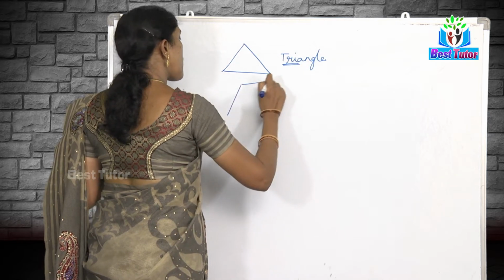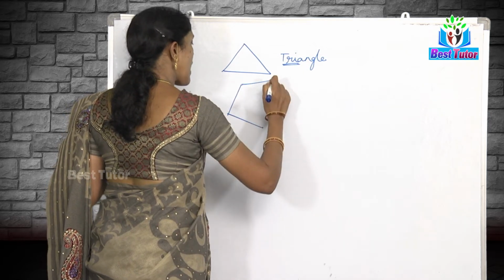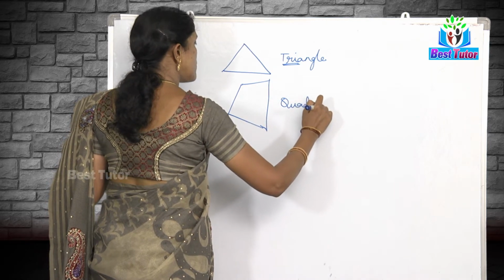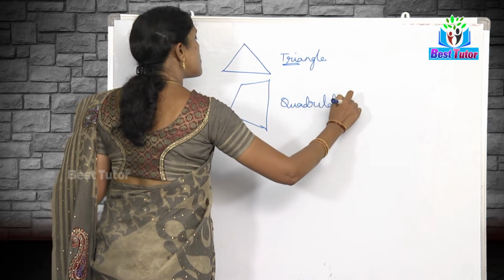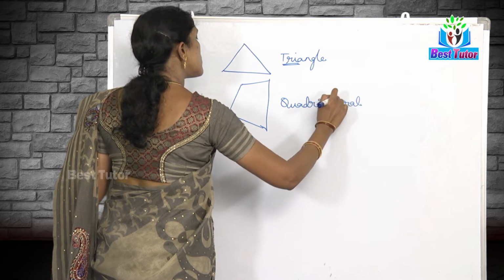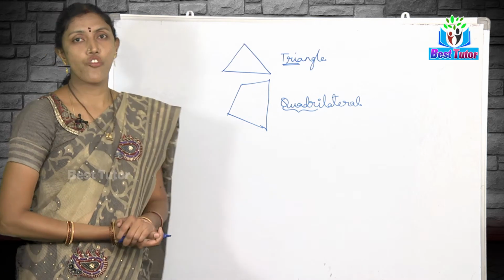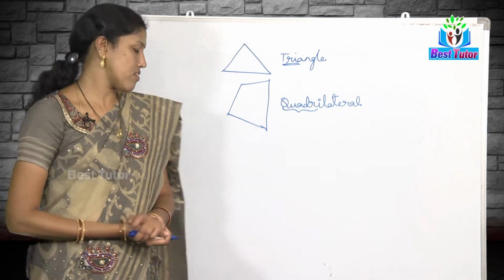A closed figure bounded by four line segments is a quadrilateral. Quadrilateral is a closed figure bounded by four line segments.